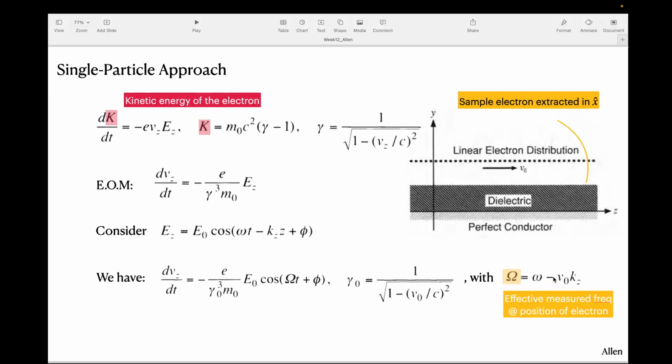So it's omega minus v0 times kz. And recall that before we usually had an omega prime, which is the frequency at the rest frame of the electron, that needs to be multiplied by an extra term gamma.